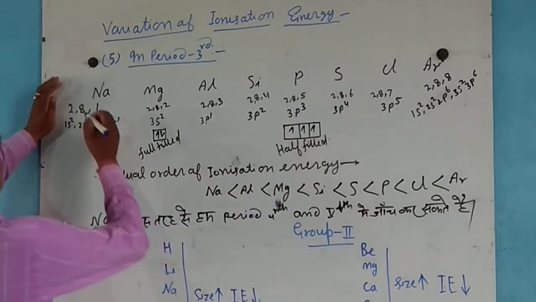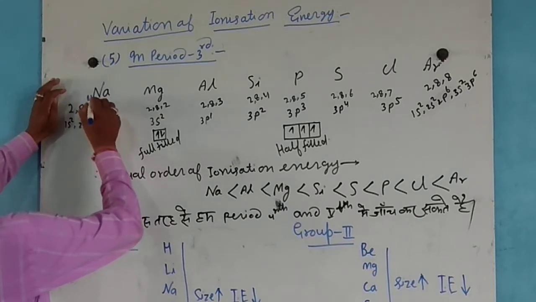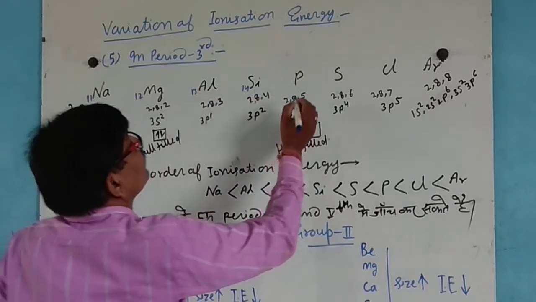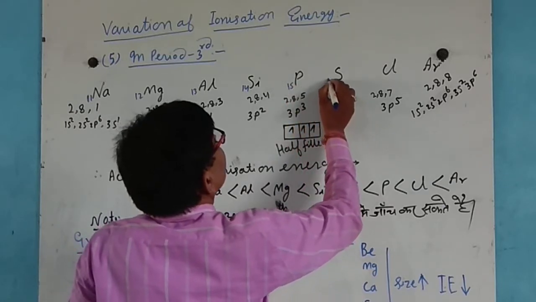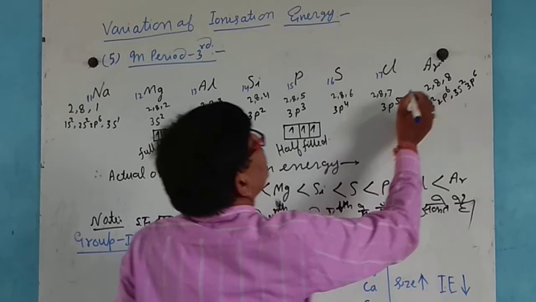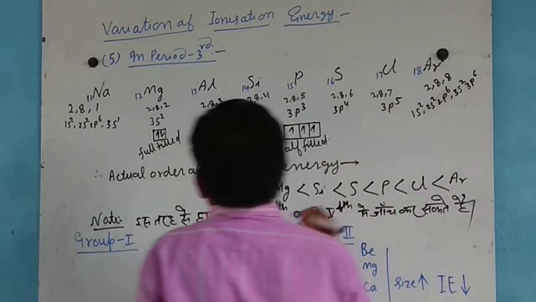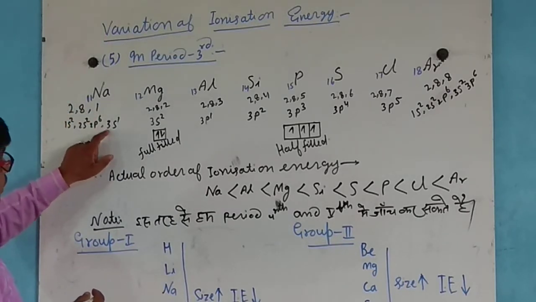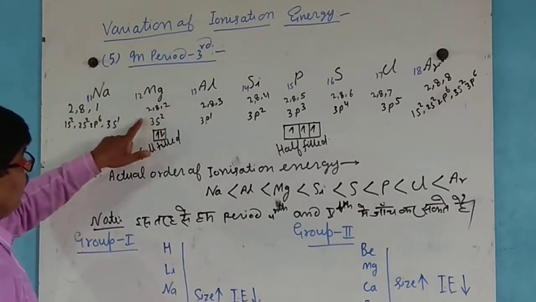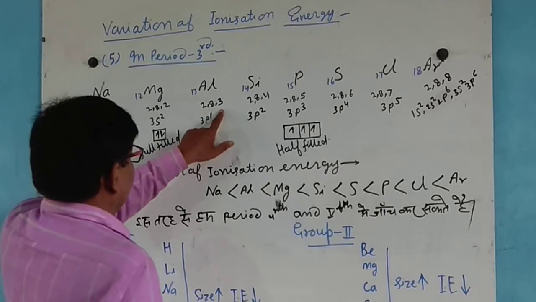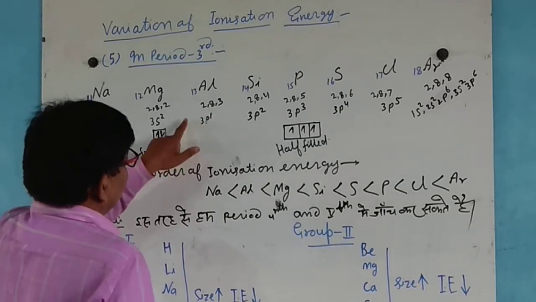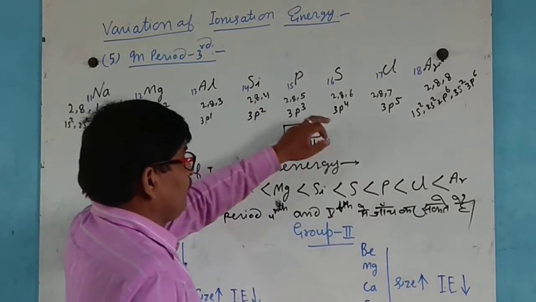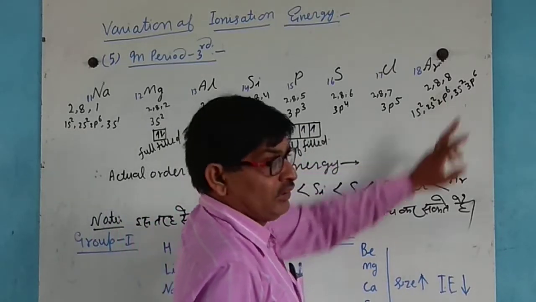The atomic numbers are 11, 12, 13, 14, 15, 16, 17, 18. Here the configuration is 2 8 1 for 11. This electron goes to 3s1, two electrons 3s2, then 3p1, 3p2, 3p3, 3p4, 3p5 and 3p6.